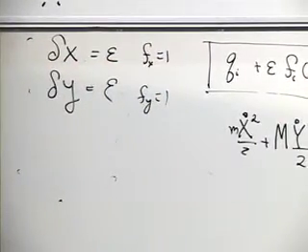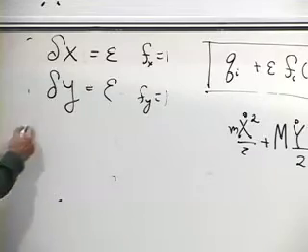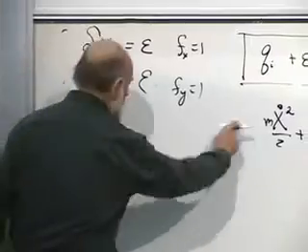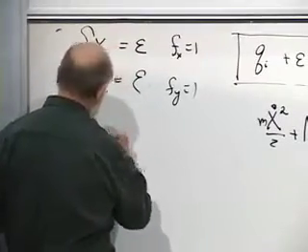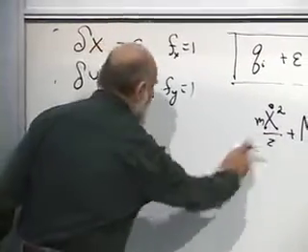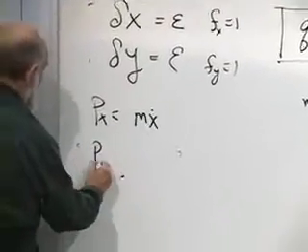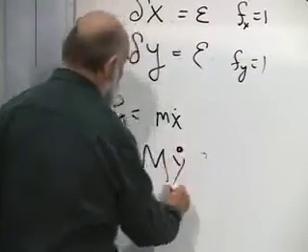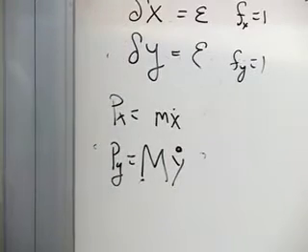All right? What about the canonical momentum? The canonical momentum conjugate to x is m x dot. The canonical momentum conjugate to y, that's py, is capital M y dot. What's the conserved quantity?